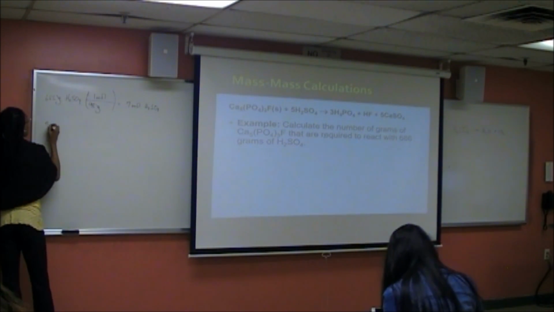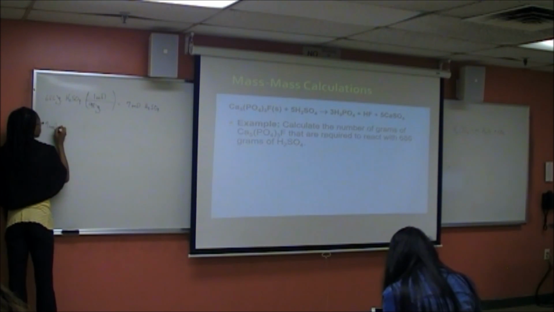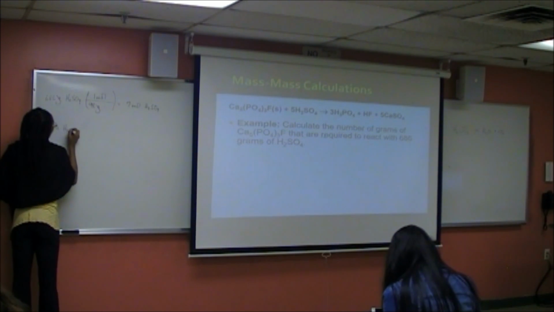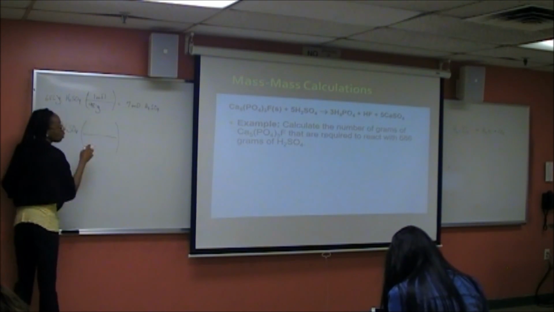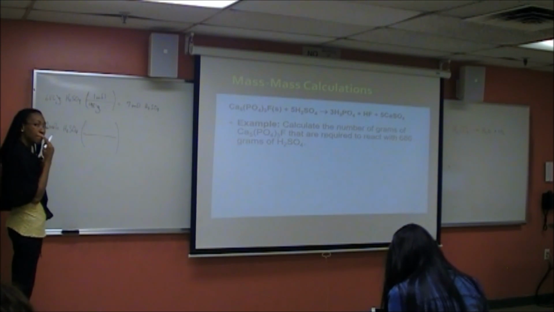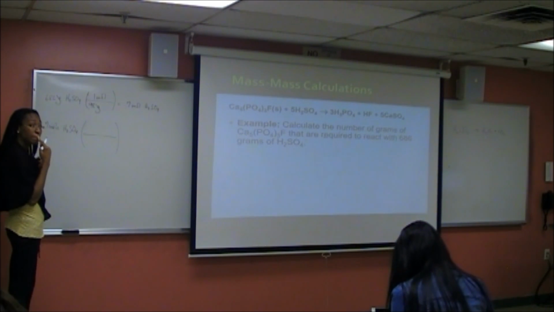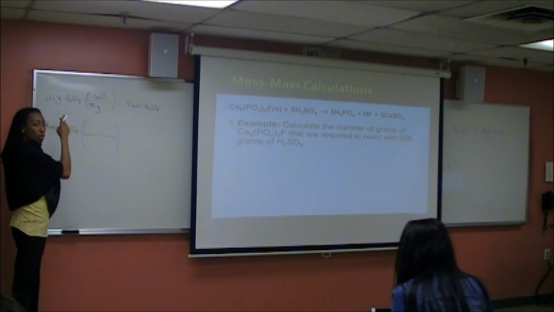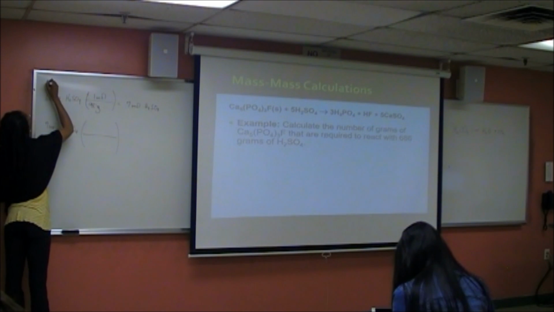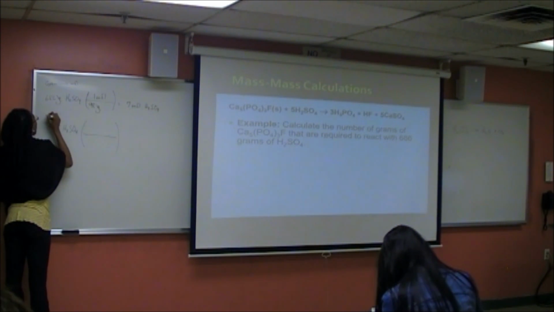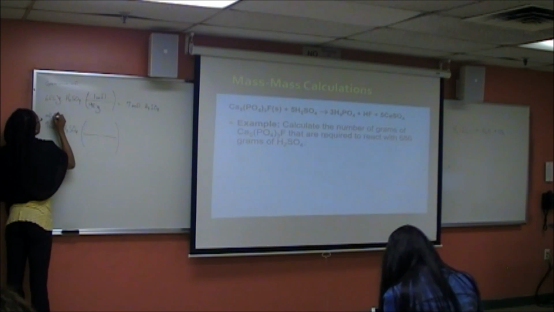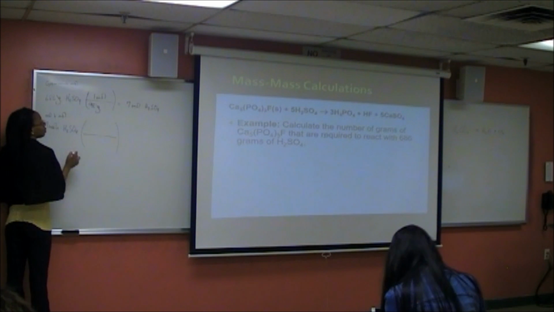So you have 7 moles of sulfuric acid. Now, how do we convert this? What do we want? Mole to mole. Now we do the mole to mole ratio. So again, grams to moles, then mole to mole ratio.